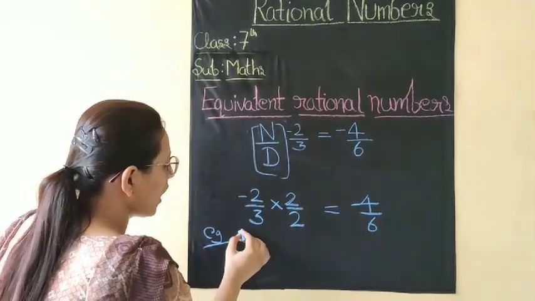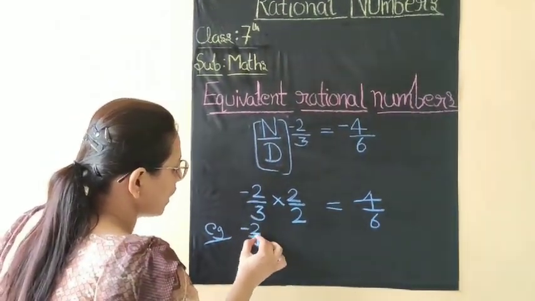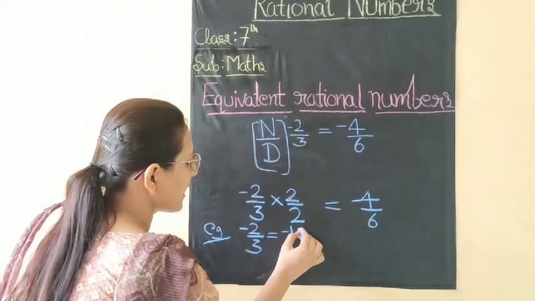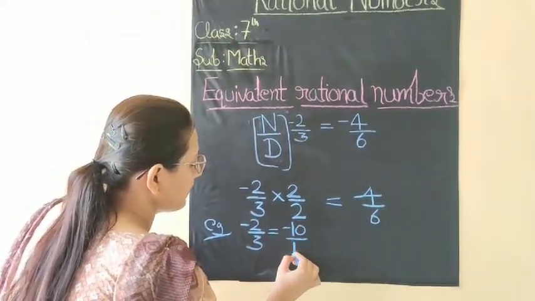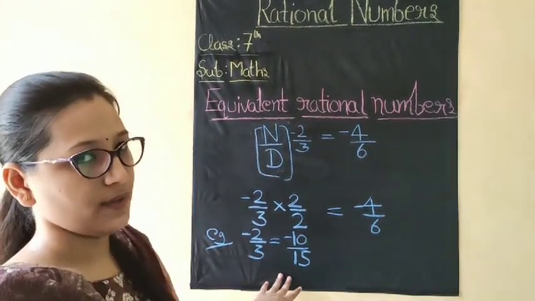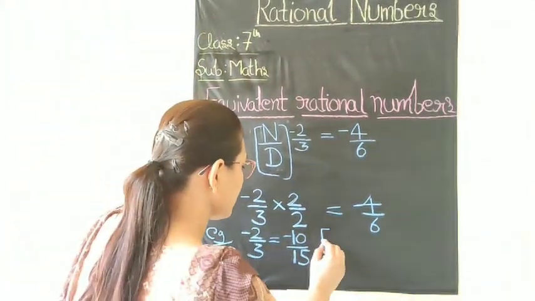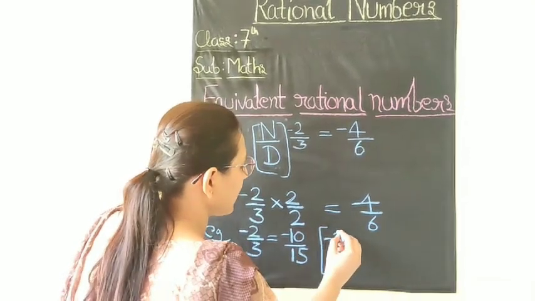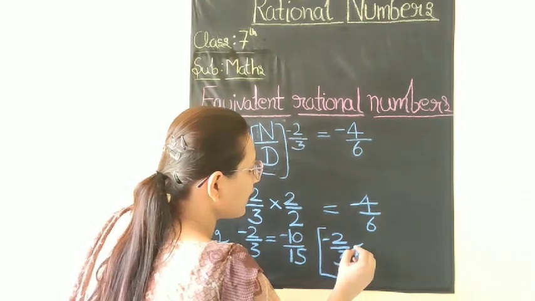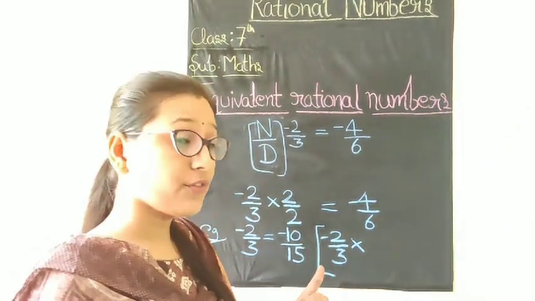Suppose minus 2 by 3 is equivalent to minus 10 by 15. How is this equivalent? For this, we multiply minus 2 by 3 with 5.